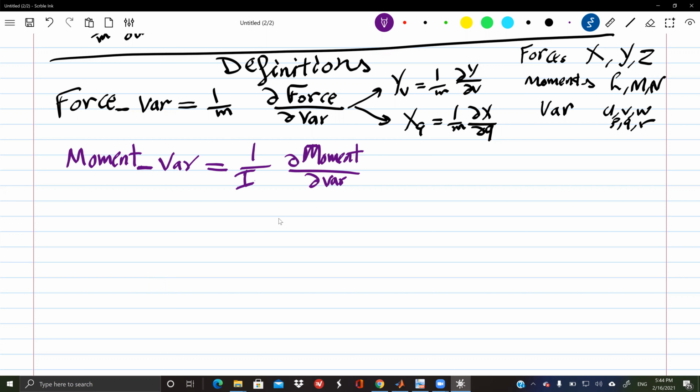Because I have only one mass, so that was fine for all the forces, but for the moment of inertia, I have at least 3. Well, okay, so divide by the one about which you need the moment. So for example, if I have MU, this is 1 over some I partial M partial U. But then I'm going to ask myself, what is M? M is a moment about Y, so this is IY.